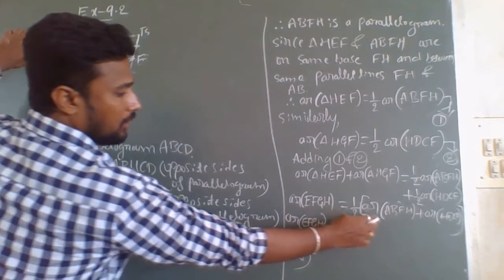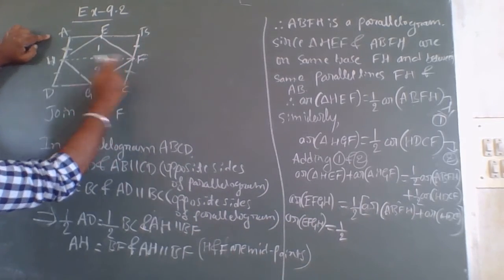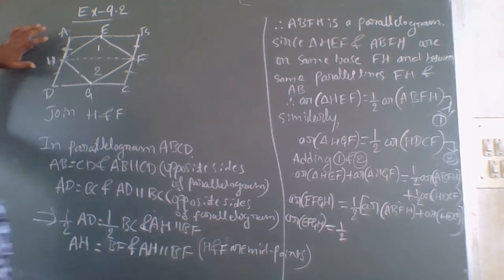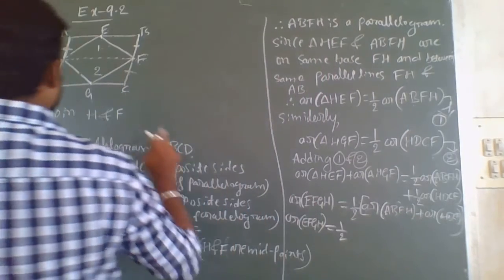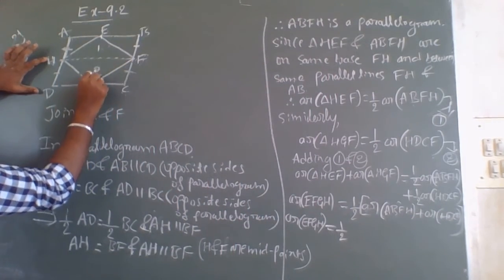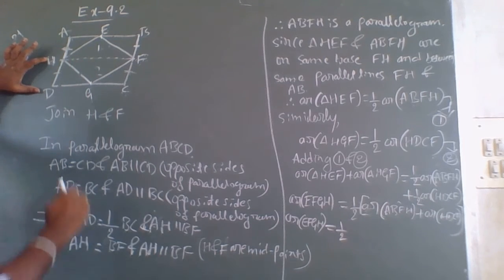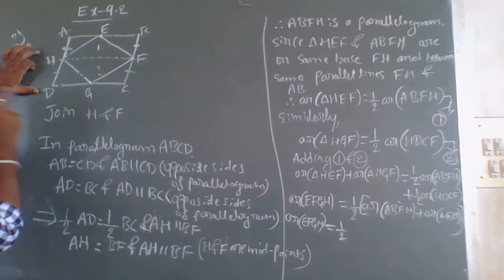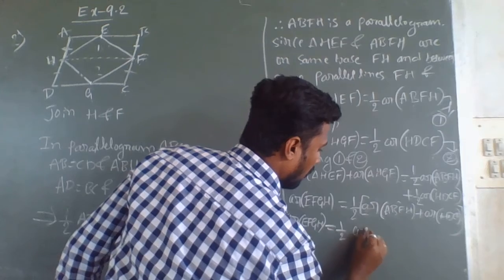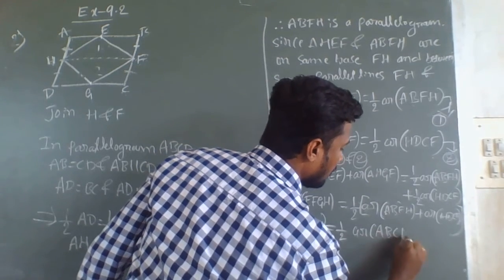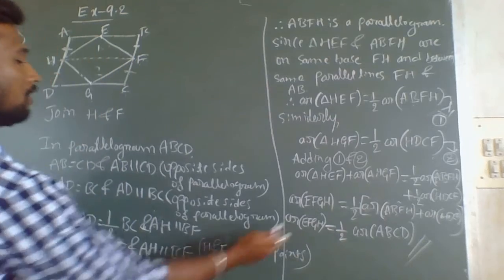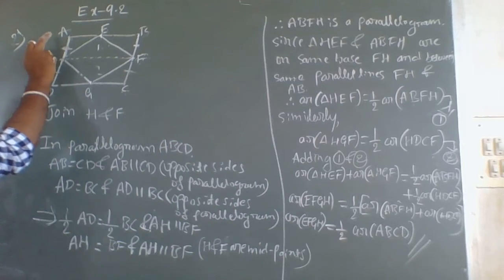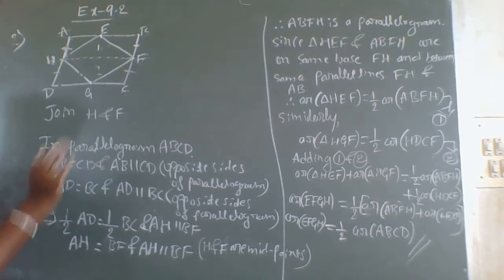See in the diagram, ABFH is the first parallelogram. Next, HDCF is the second half parallelogram. When you add these two parallelograms, you get parallelogram ABCD. Hence we prove the area of parallelogram EFGH equals half of the area of ABCD.